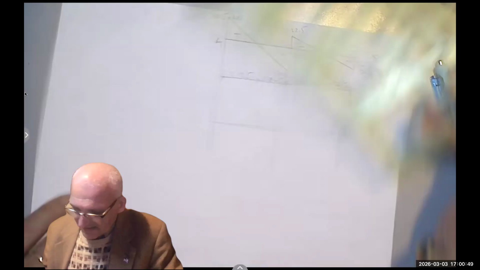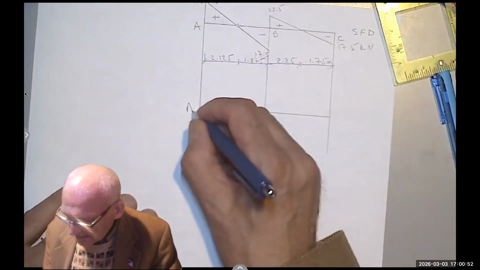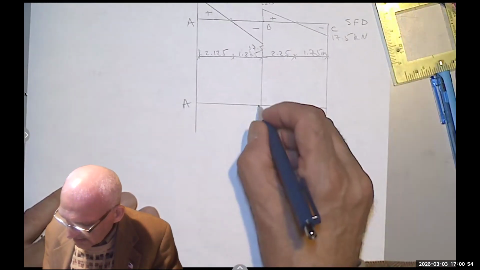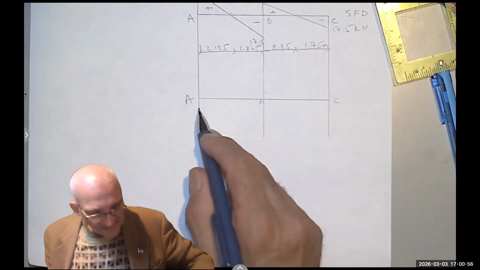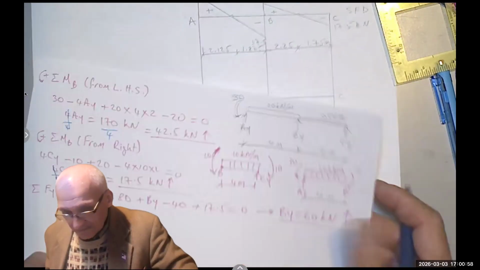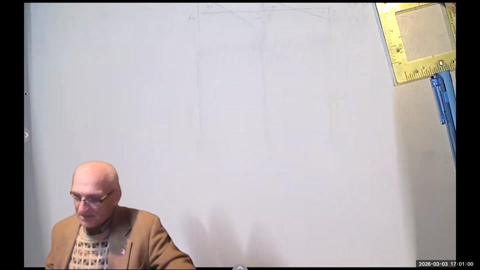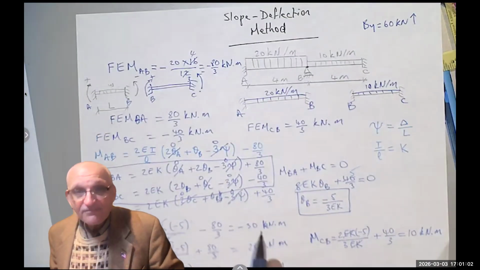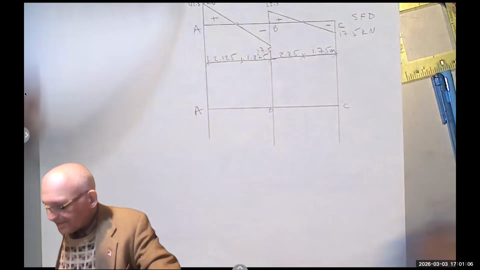I had the moment at A, which was negative 30. So I will go down a distance of 30.